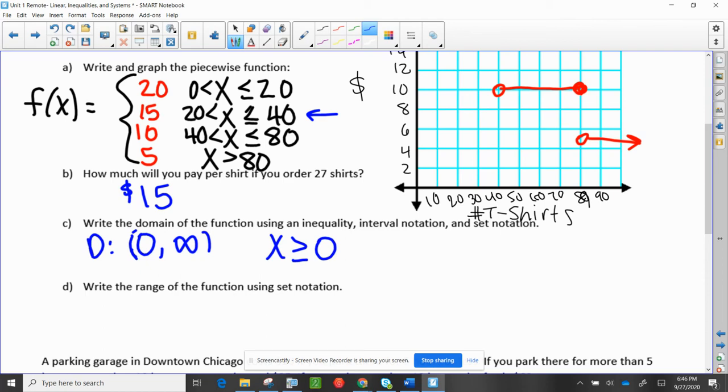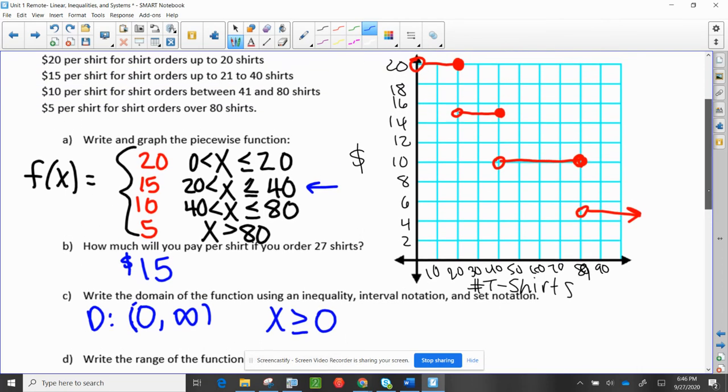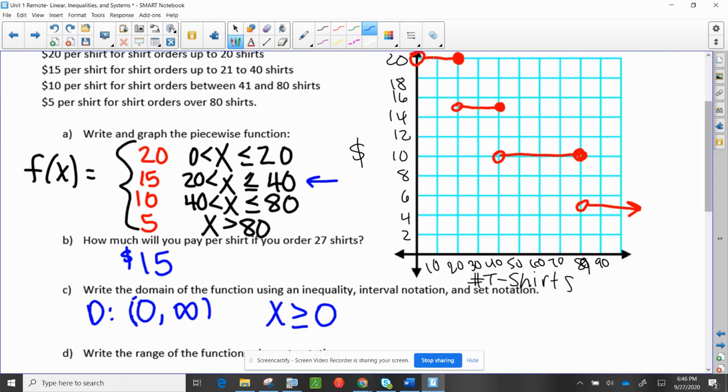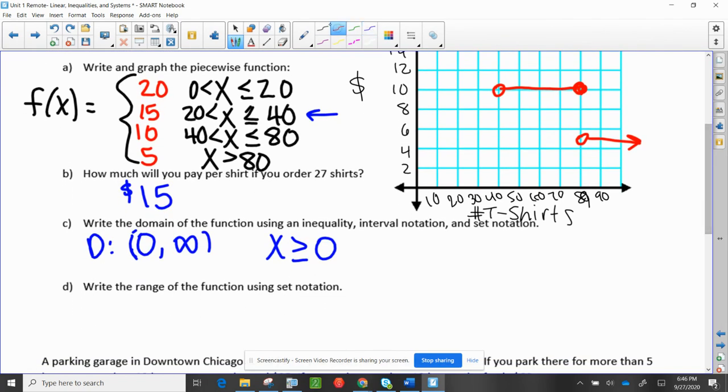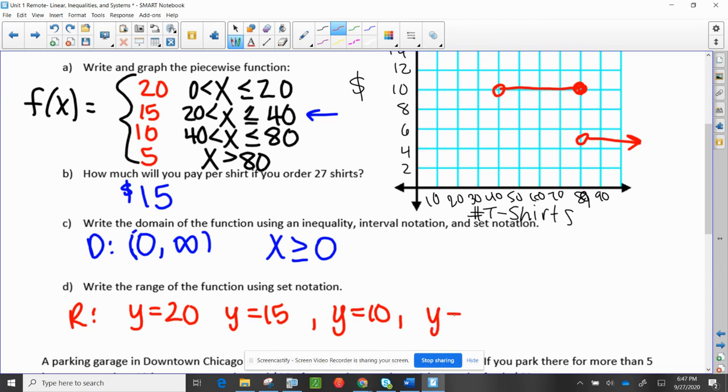Okay, the range here is a little different because we don't really have an interval. We only have these set values for our y, our cost per shirts. So for a step function, the range is just always the values that you have. So y could equal 20, y could equal 15, y could equal 10, or y could equal 5.